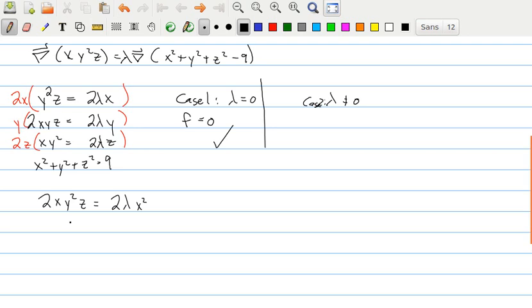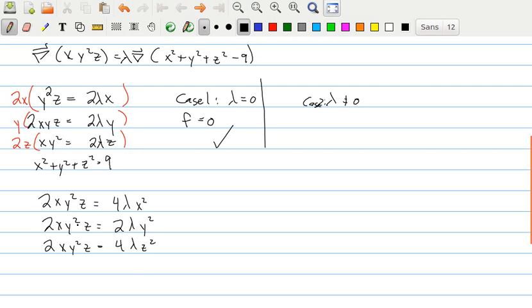We do the same on the second equation. We've got 2xy squared z equals 2 lambda y squared. I'm sorry, this first one should be a 4, not a 2, because we distributed the 2 through there. And our third equation becomes 2xy squared z equals 4 lambda z squared.